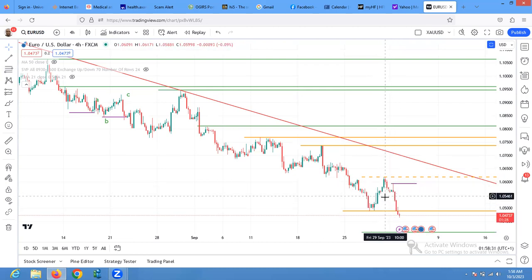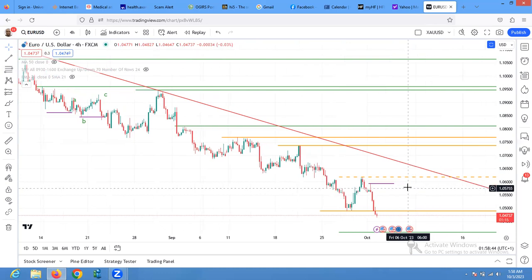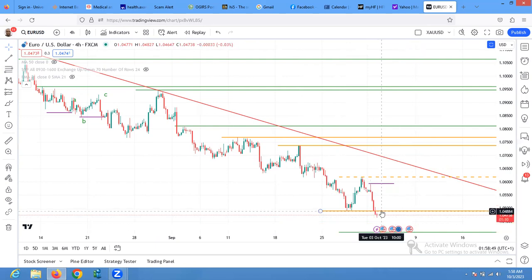Either we are anticipating an A, B, C to the upside, or we are seeing this as a 4 and that this is the last wave. Either scenario would play out. And how do we do that? In case this is an A, for this to be a B, it should not go beyond 161.8.